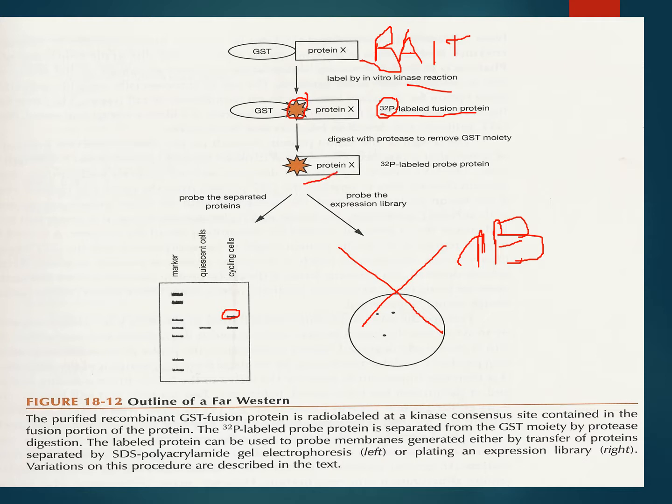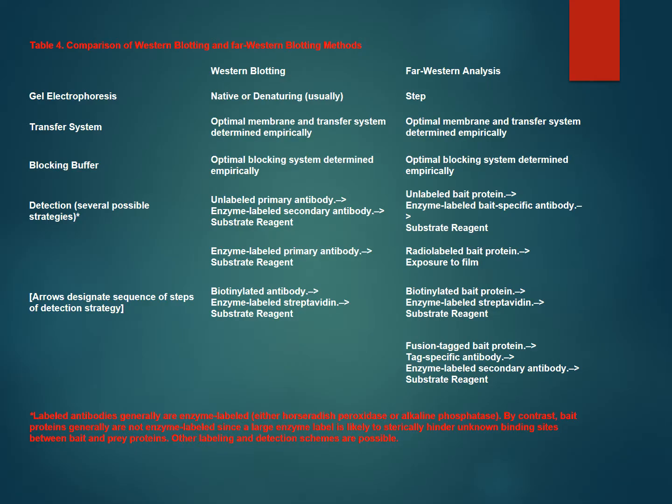Here they are, protein X, and proteins that might be different. And of course, if we had a known series of preys, we could put those into other lanes and ask the question, does the protein X detect those as well? So that's a far western.